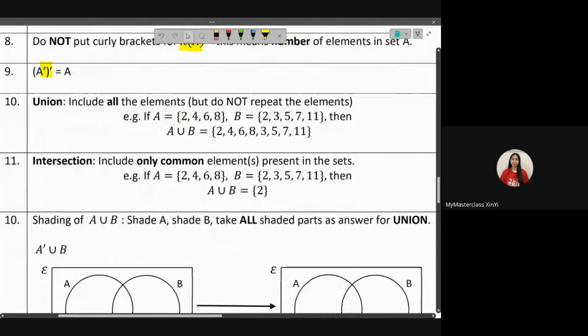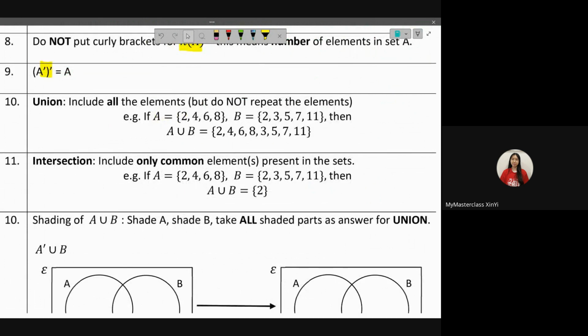Now if I talk about union and intersection in listing form, if I have two sets, set A and set B, the union of them is basically all the elements that are involved. But I don't repeat the element that is the same in both, because your set should not have repeated elements.